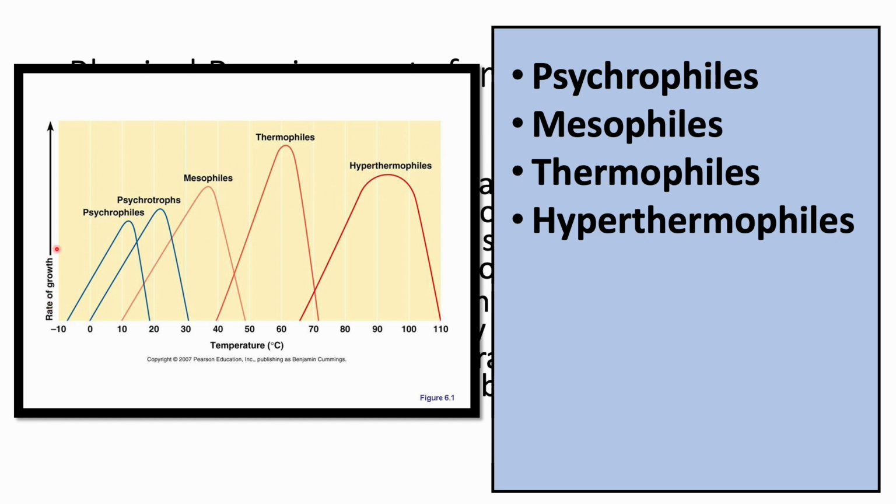And you can see on the y-axis we have the rate of growth, so how effectively are these organisms growing, how effectively are they going through metabolism. Then on the x-axis we have temperature in degrees Celsius. And right here for mesophiles, I want to point out that 30 to 40 degrees Celsius is about 95 degrees Fahrenheit. So we'll see what that means.